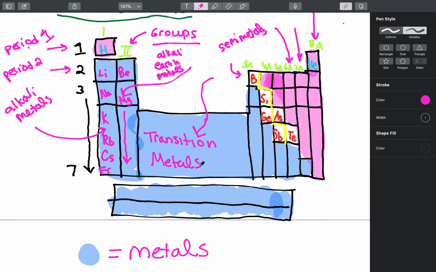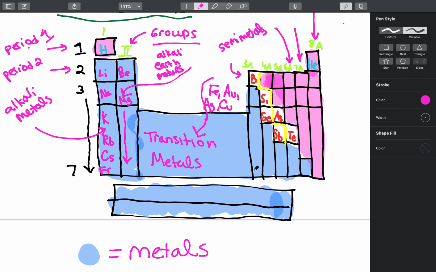This is a really interesting group of metals that we will talk about later on. So this is going to contain iron, gold, silver, and copper. Okay, so these are all your transition metals here.